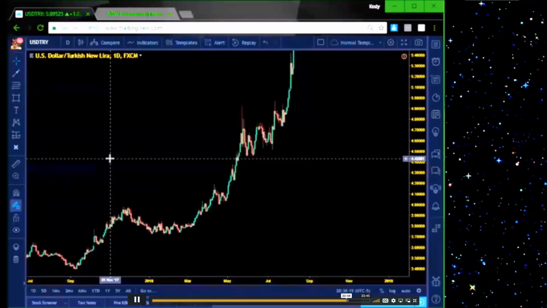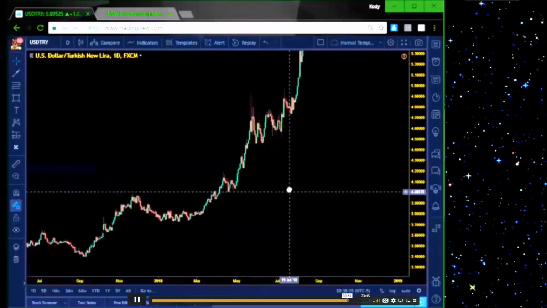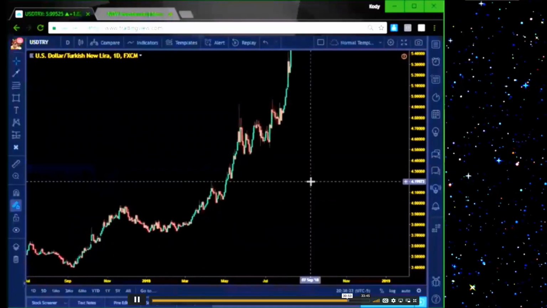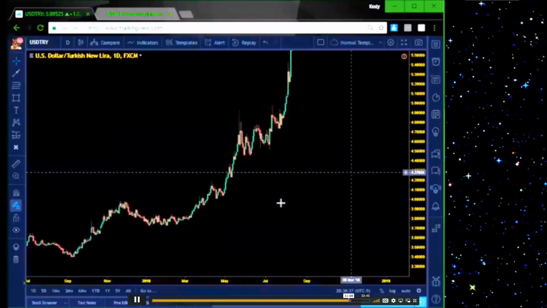For me, someone who likes to look at market structure, and honestly, a lot of big boys, a lot of hedge funds and institutional traders, look at pairs like this for a lot of their trades as well. Reason being is because they respect fundamental technical analysis.